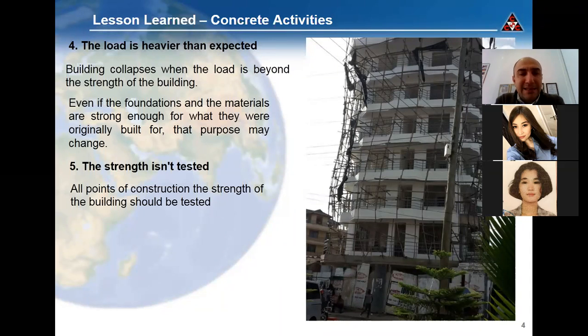And the strength isn't tested. At all points of construction, the strength should be tested.